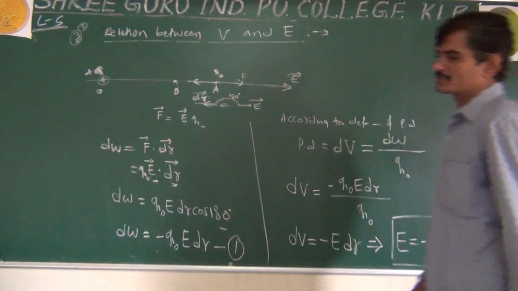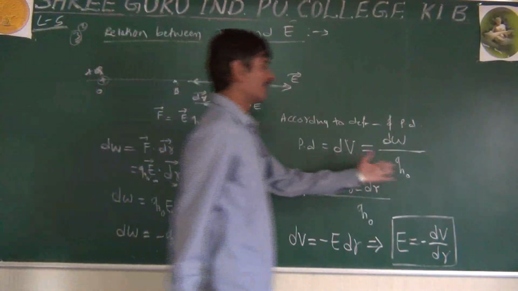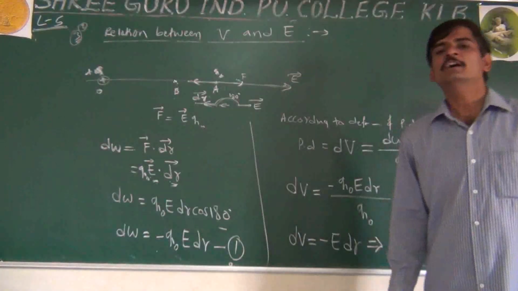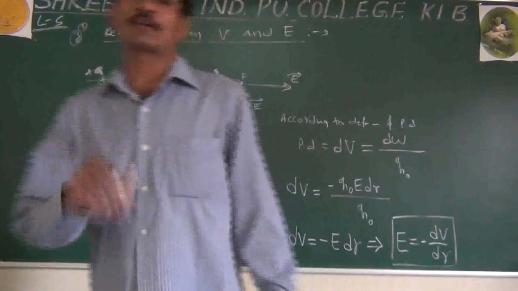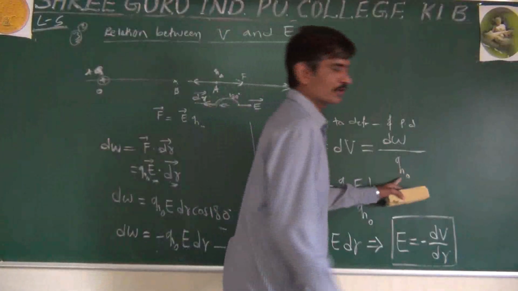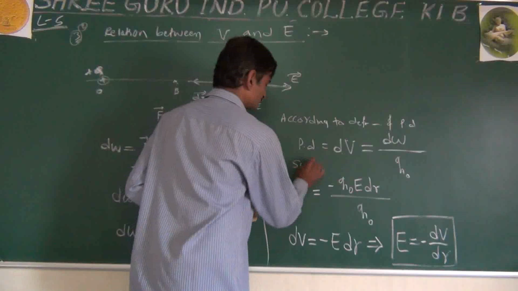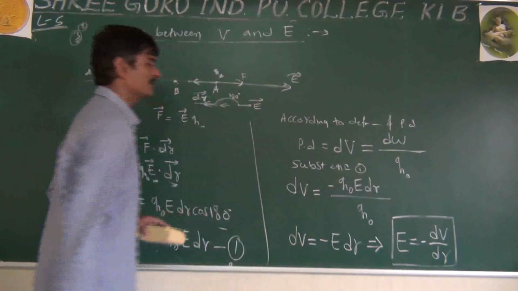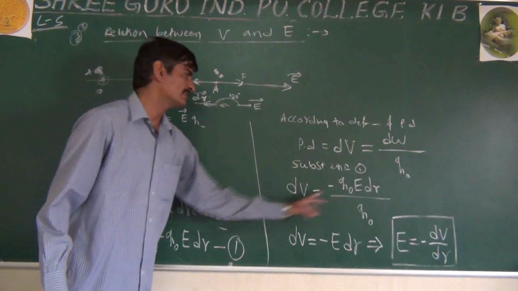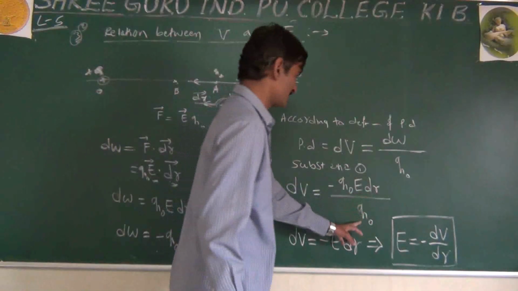Now according to the definition of potential difference, it is the ratio of work done to move the charge from one point to another to the magnitude of the charge. That is dV is equal to dW divided by Q naught. Now substitute equation 1 in this equation, then you will get dV is equal to minus Q naught E dr divided by Q naught.